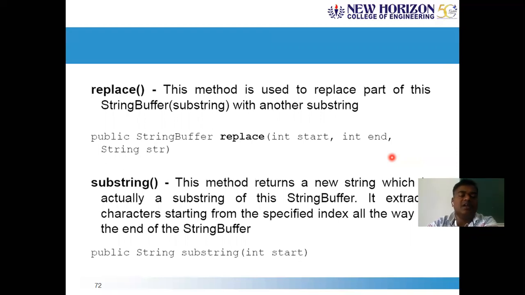The return type of the replace function is the string buffer object. The first argument is where you want to begin the replace operation, the second argument is where you want to end, and then what is to be replaced. So start, end, and what is to be replaced. These are the three arguments for the string buffer replace built-in function.